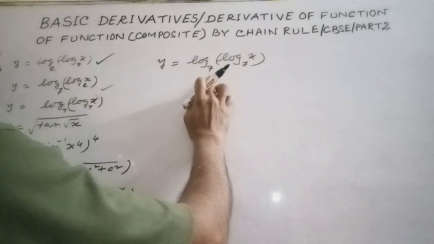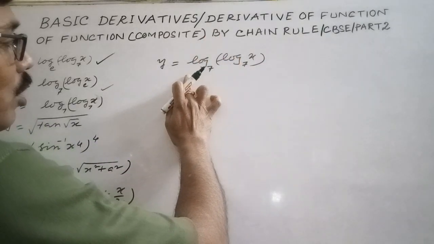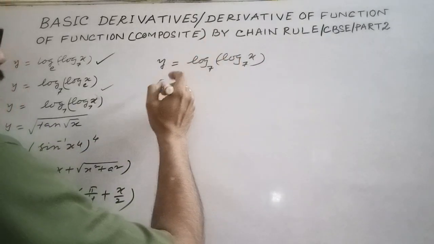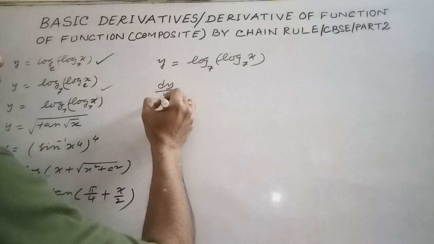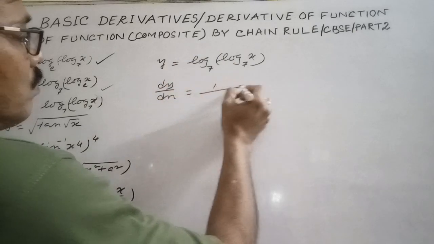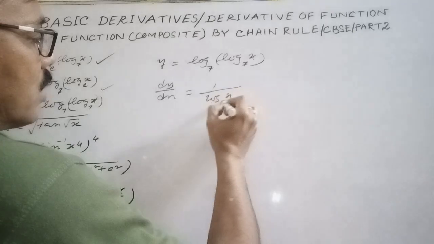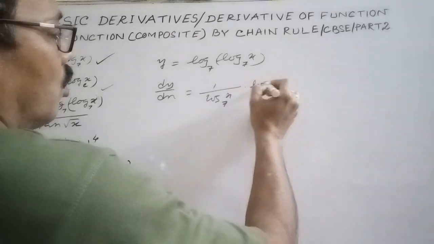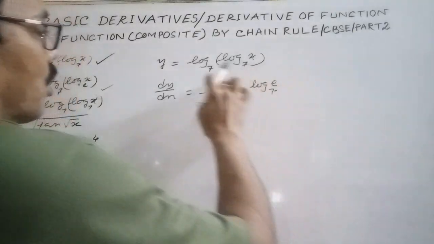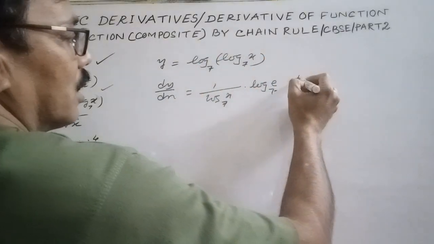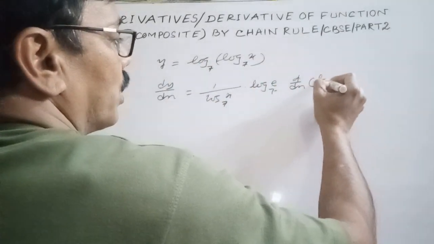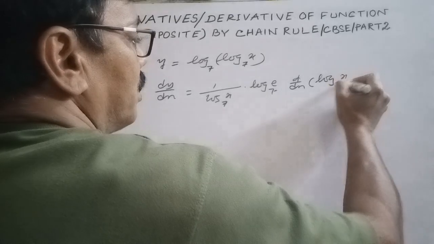So base is not e. Main function is log x with base 7. So what is dy by dx? So 1 by x. So log x base 7 into log e base 7 because base is not e. d/dx of argument. What is argument? This one.